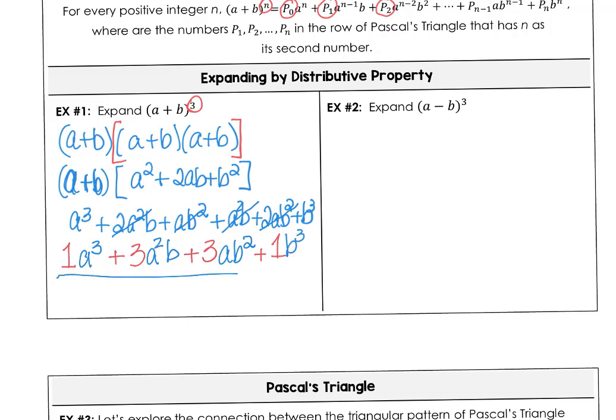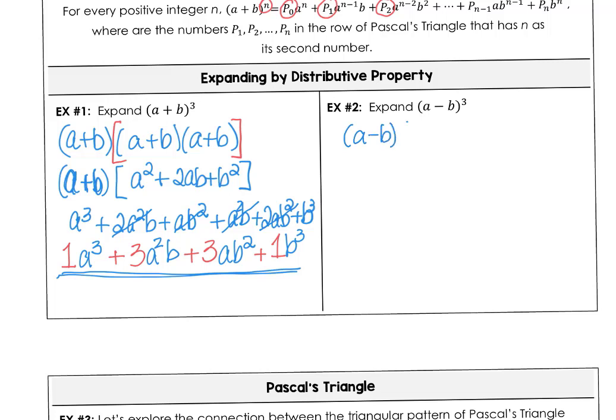So you can see that using Pascal's triangle, if you create the triangle, it would be easy to expand some binomials this way.